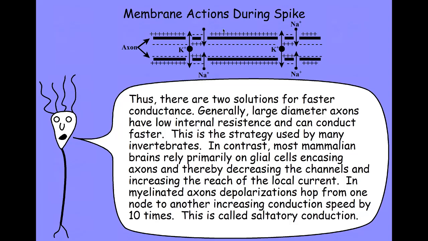And as it pushes them down, it'll push down sodium, and it'll cause a change in polarity at the other side of our node of Ranvier, which will then trigger the voltage-activated sodium channels to open up at that node. And so we get node pushing ions to the next node, pushing ions to the next node, and so on.